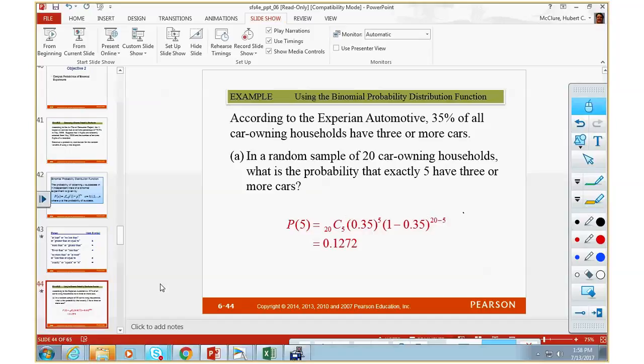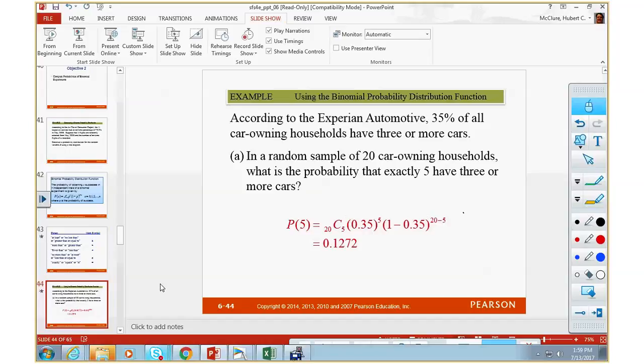Okay, look at this one. According to the Experian Automotive, 35%, what is 35%? P, good job, Mr. Gouldsby. You are on the ball today. 35% of all car-owning households have 3 or more cars. Now that 3 or more cars, I don't think that has anything to do with it because they give you some more numbers here.